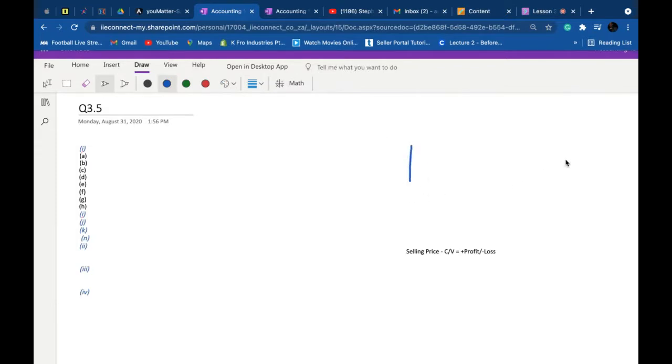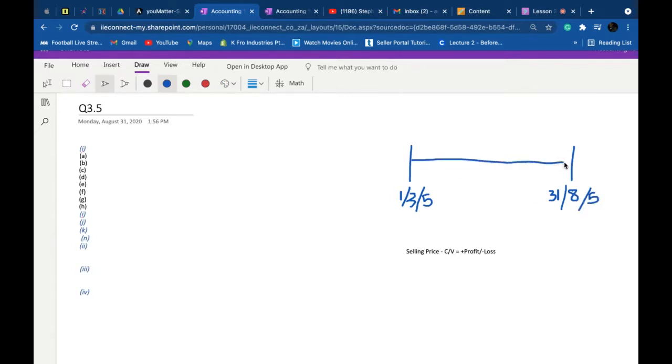So when was the asset bought? 1st of March 2005, and then we're doing this for 31 August 2005.